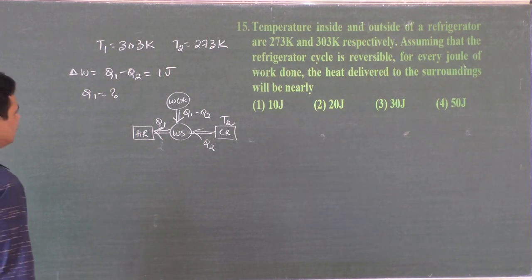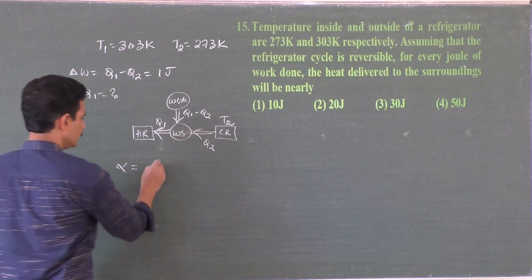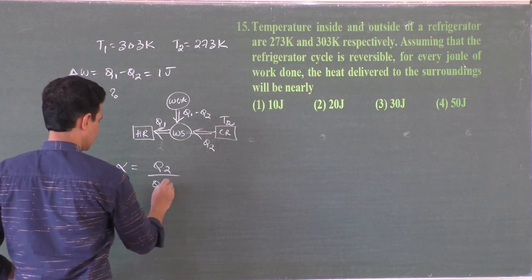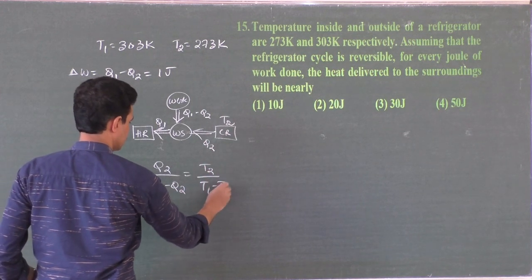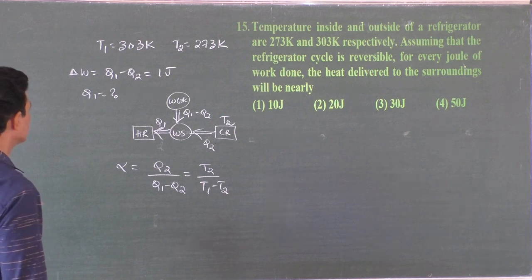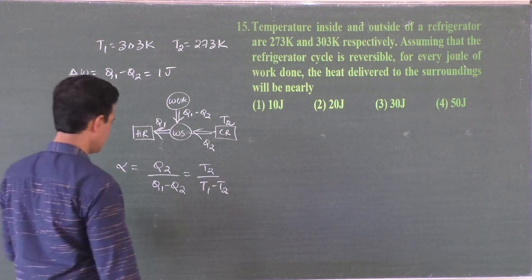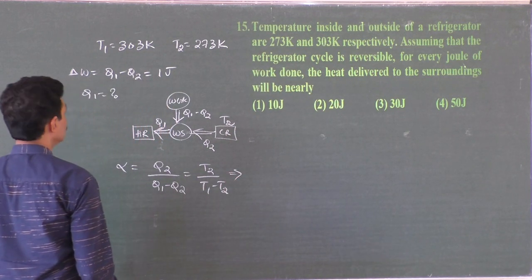I think you can use the coefficient of performance, Q2 by Q1 minus Q2, which is also equal to T2 by T1 minus T2. Here you will get the answer, I think. There are many ways of finding this. What is Q2?